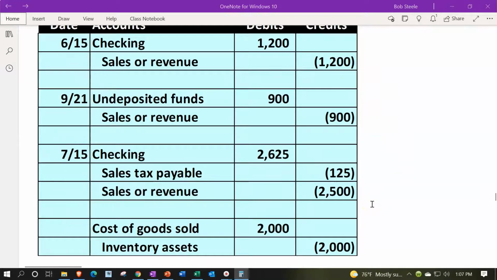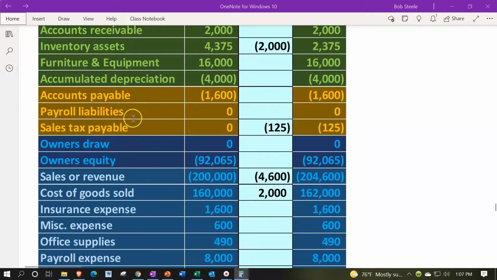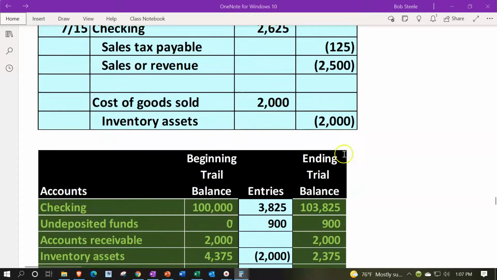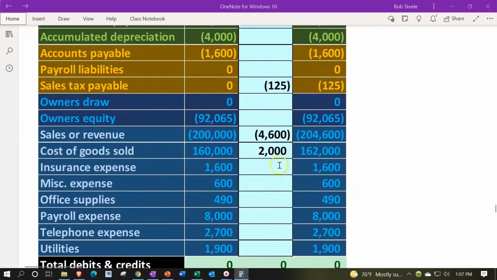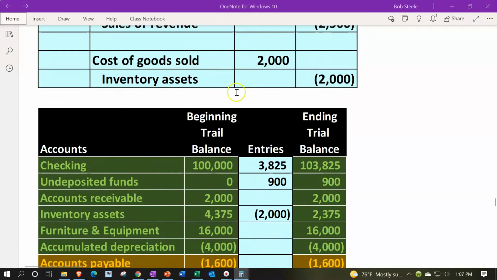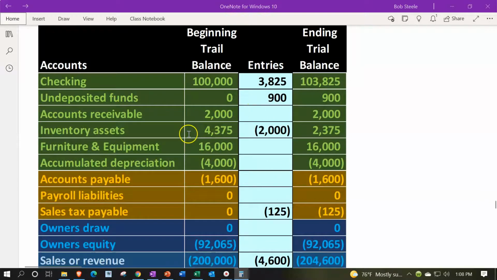And then the difference between those two is the sales tax payable liability account, increasing on the liability side to $125 that we'll have to pay at a future point. And then the cost of goods sold, an expense account, going up from $160,000 by $2,000 to $162,000. And finally, the inventory going down from $4,375 by the $2,000 to the $2,375.